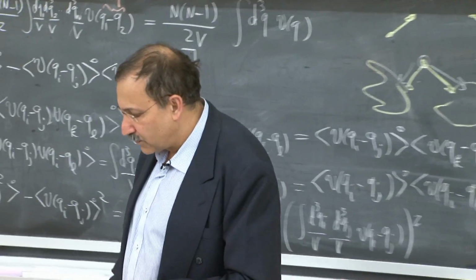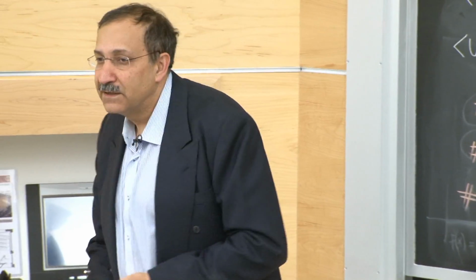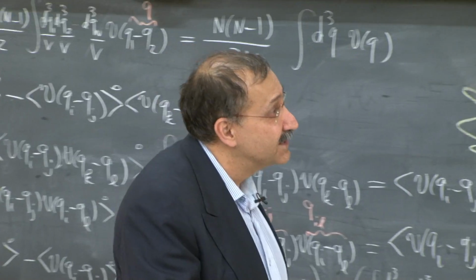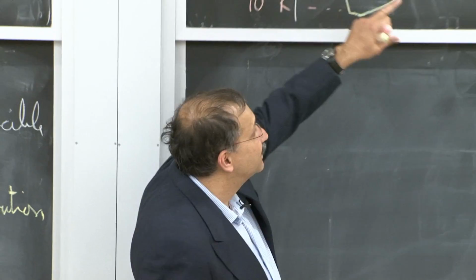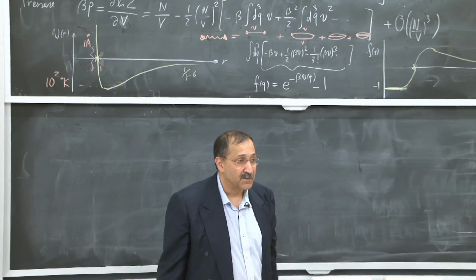We want to sort of follow up from here, but since you will have a problem set, I will mention one other thing, that this reorganization of the series that I made here is appropriate to the limit of low densities, where I would have a nice expansion in powers of density.